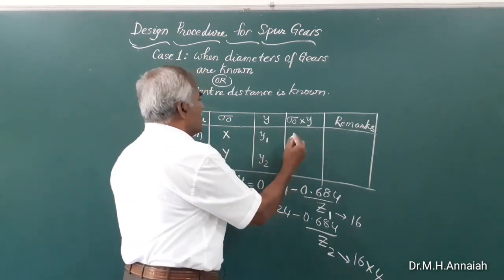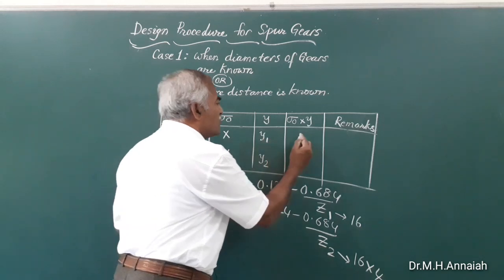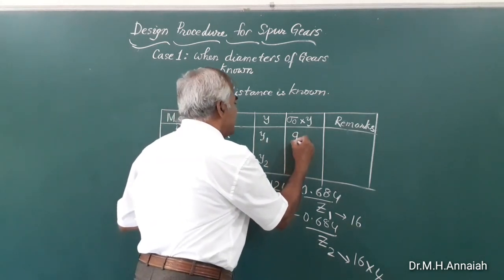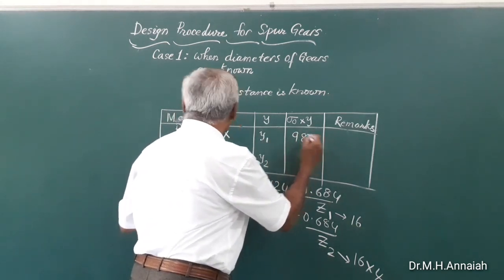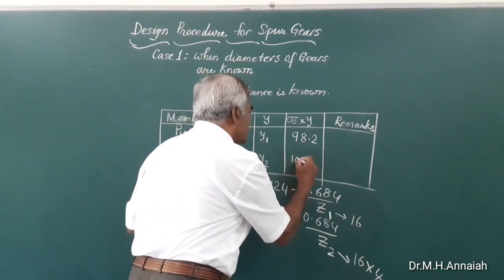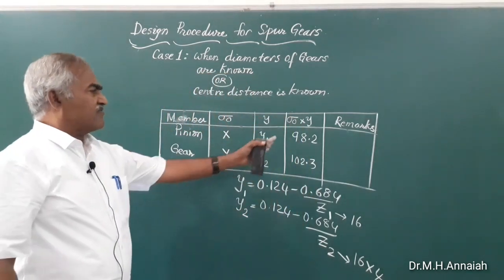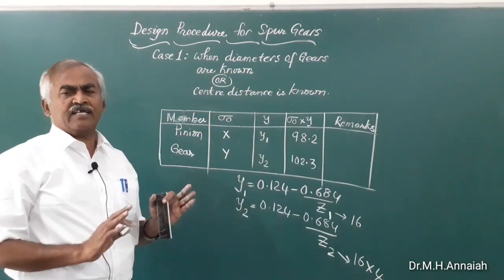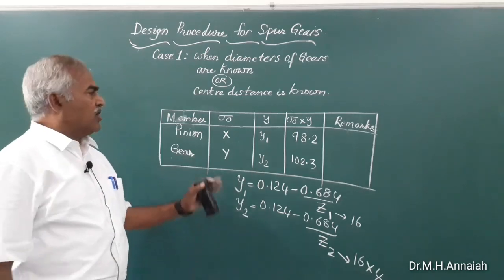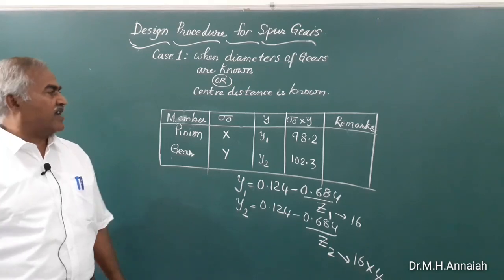Suppose the product of these two is, for the pinion, 98.2 and for the gear 102.3. So, these are the values you have got, say. We have not taken any numerical value, it is only for the purpose of explanation.